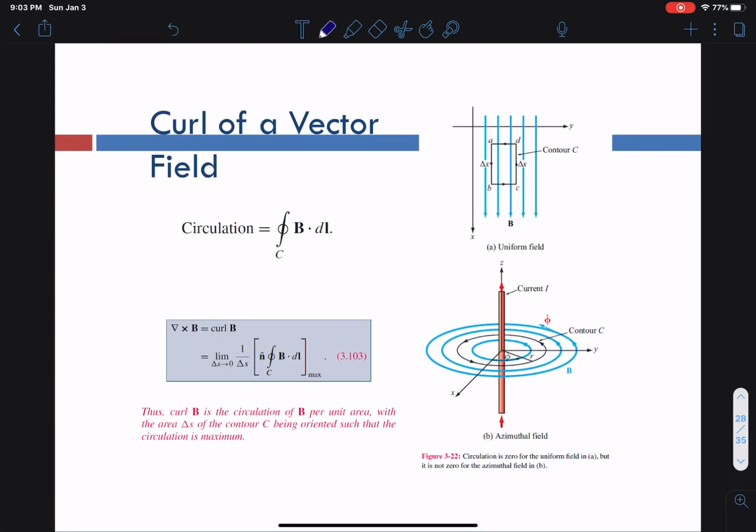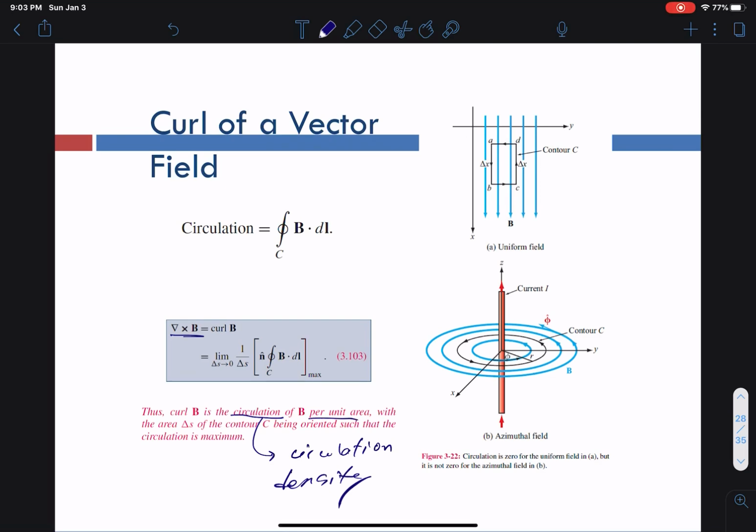So what is a curl? Curl of vector B is a cross product. What does it mean? It means circulation density, to be precise, of the vector per unit area.